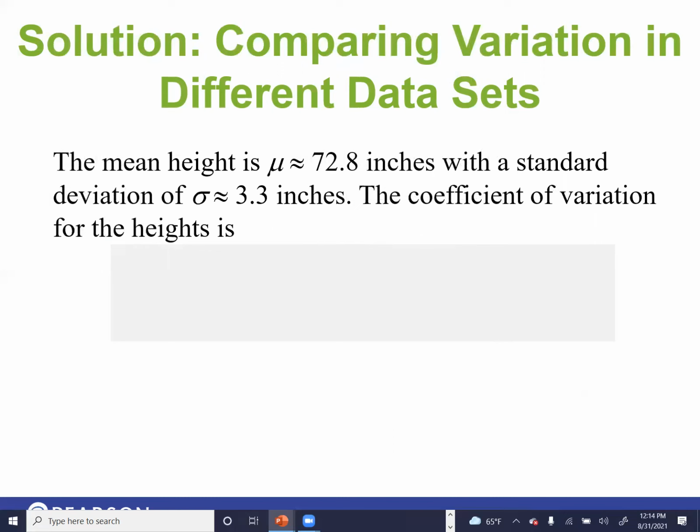So I'm going to give it to you. Can you find the coefficient of variation for the height? All yours. Label it as CV with a little subscript H, or you can write out height.